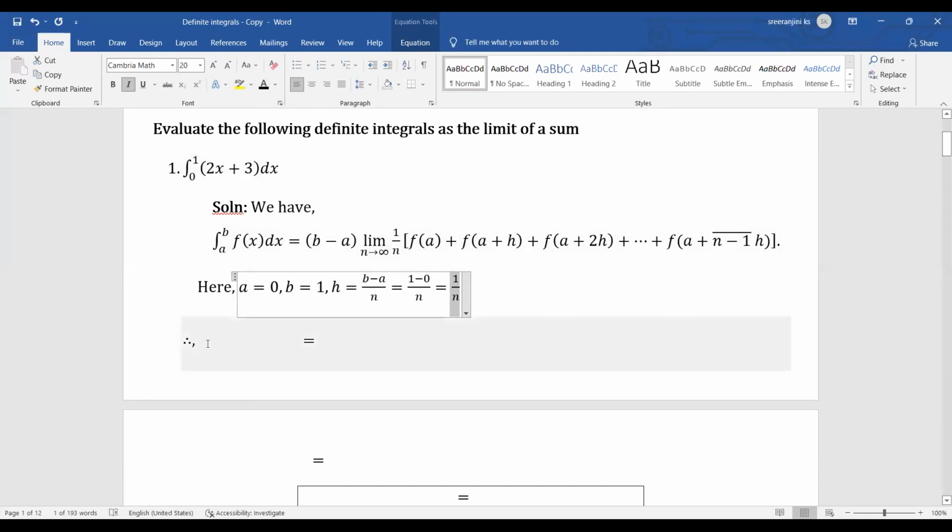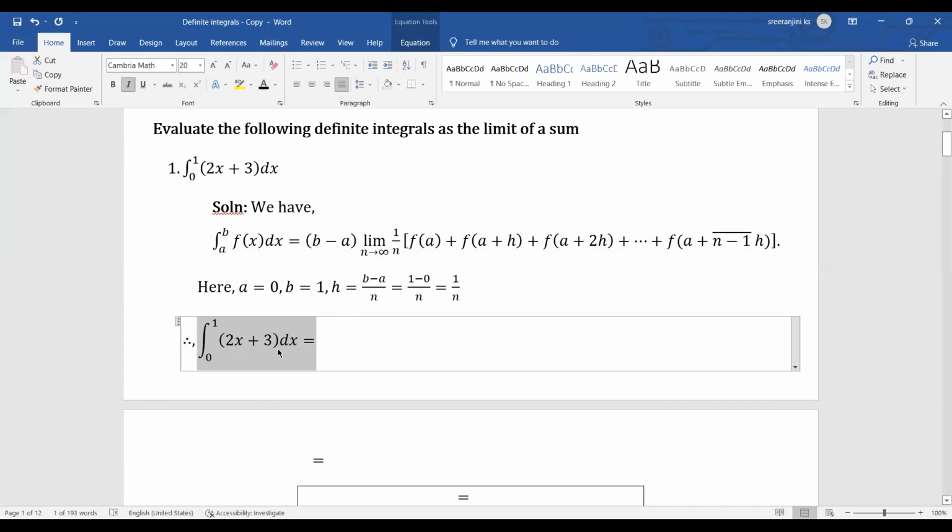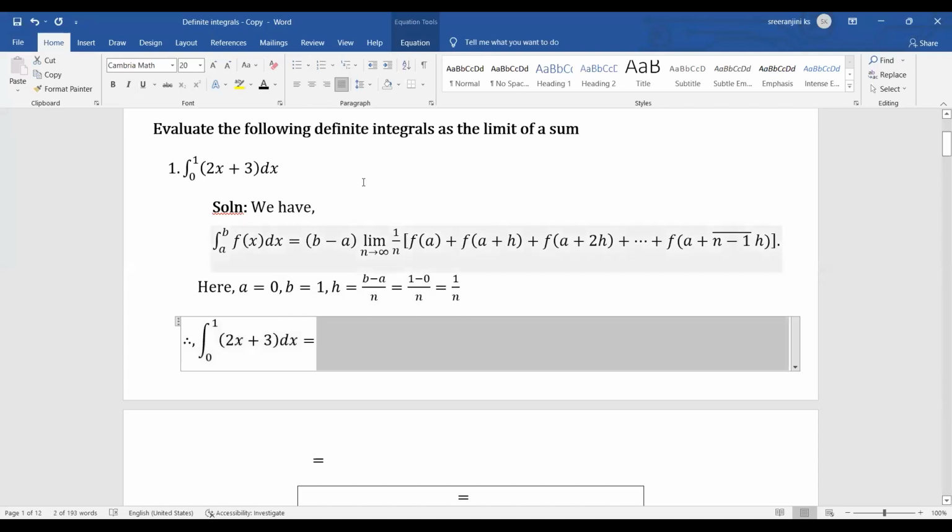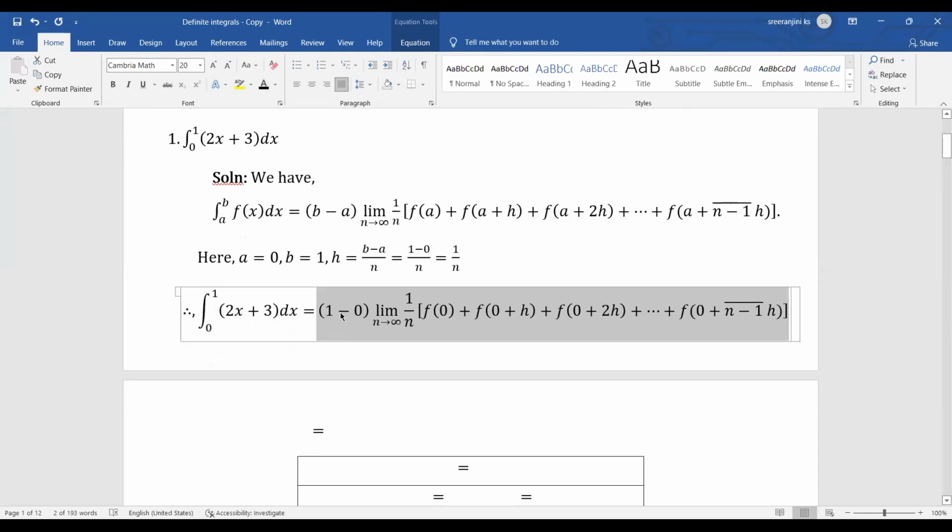Now coming to the problem. Integral 0 to 1, 2x plus 3 dx is equal to, we can substitute for b and a, 1 minus 0, limit n tends to infinity, 1 by n, f of 0 plus f of 0 plus h plus f of 0 plus 2h plus etc. plus f of 0 plus n minus 1 h.